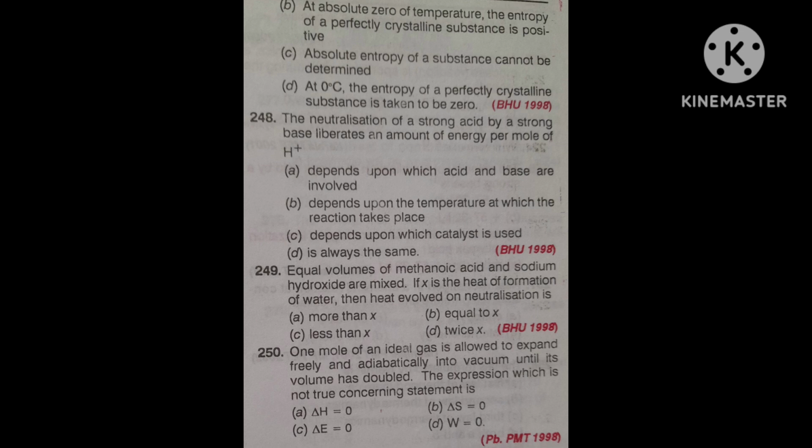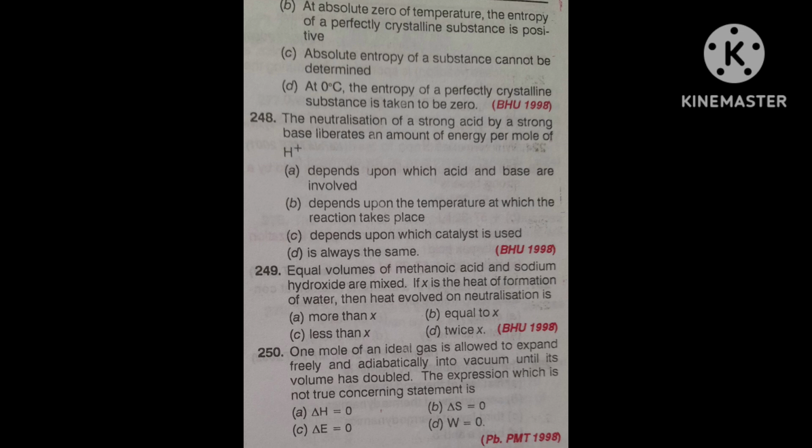Again I am repeating the question. For which of the 4 processes given is delta S negative? First, H2 gas is converting to 2H gas, means atomic form.